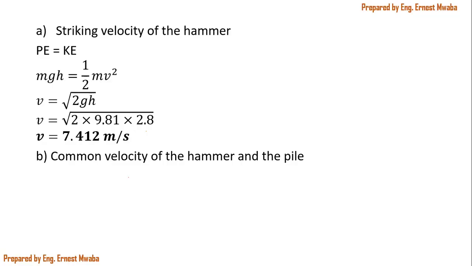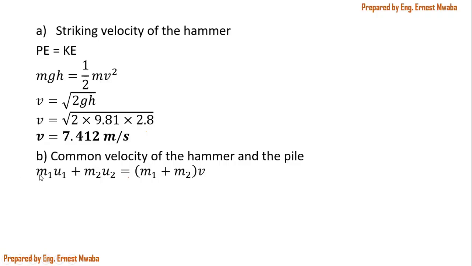We're going to introduce the principle of conservation of momentum, where we say that momentum before collision is equal to the momentum after the collision has taken place. Here, the question was saying the common velocity of the hammer and the pile, meaning that we're dealing with an inelastic collision where the two bodies stick together and move as a unit in one direction. In this case, it was movement into the ground.